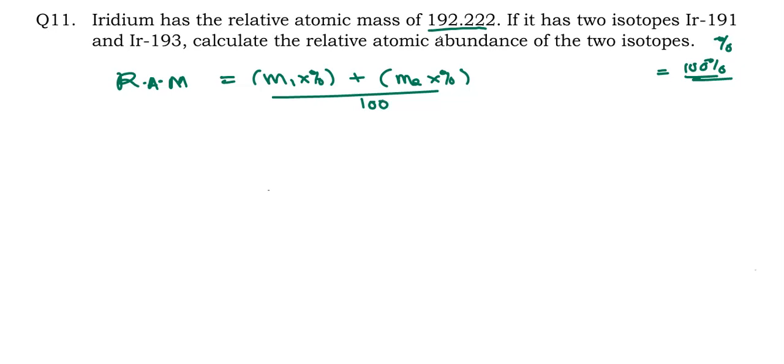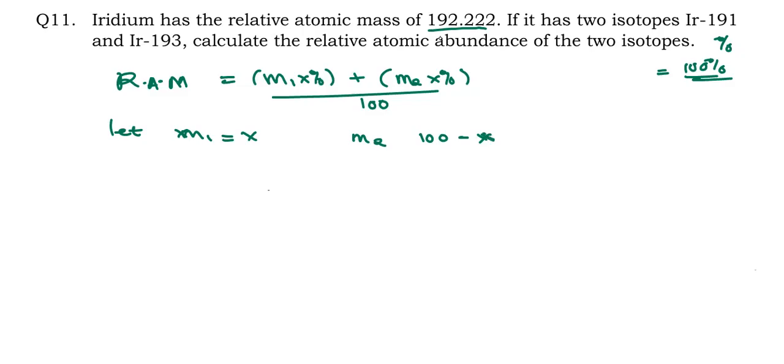We are going to write X for M1: let the percentage abundance for M1 be X. For M2, the percentage abundance is going to be 100 minus X.